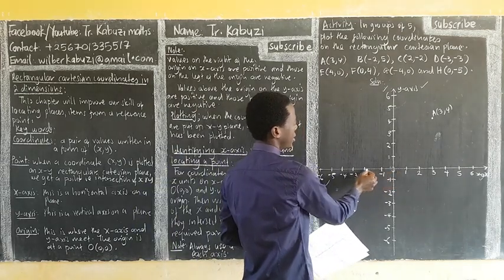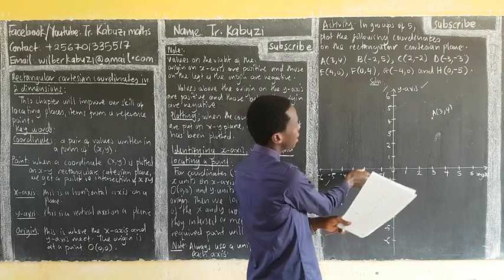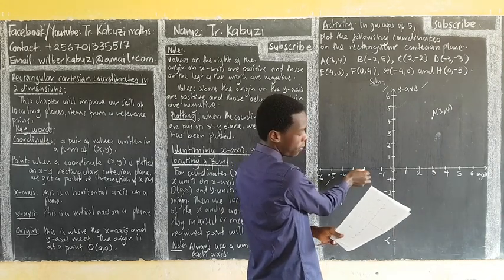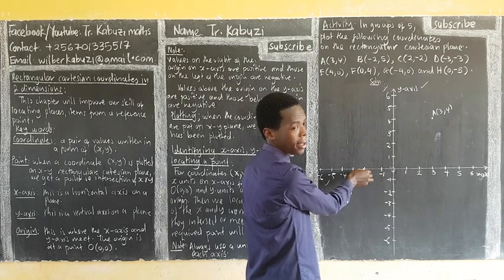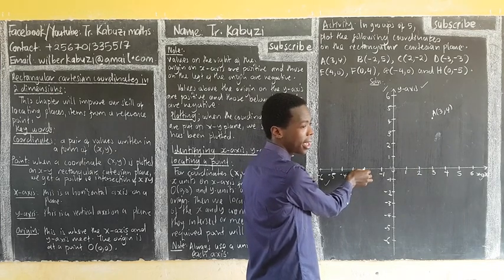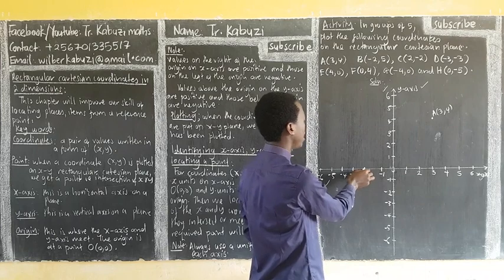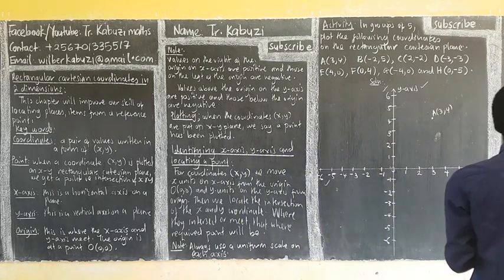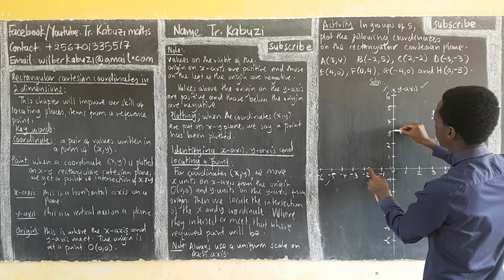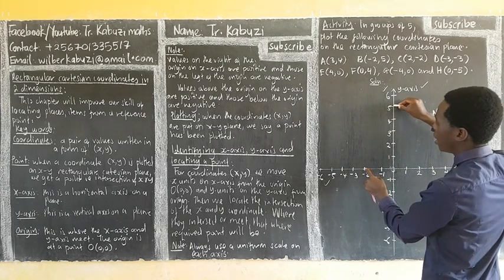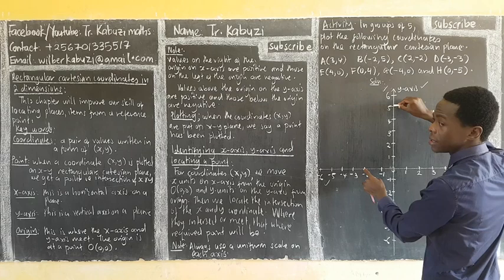So 1, 2. What about the y? Do we move down or up? Up. Why? Because it's positive. So we move 1, 2, 3, 4, 5. Are we finished?